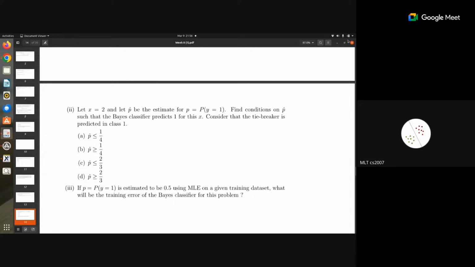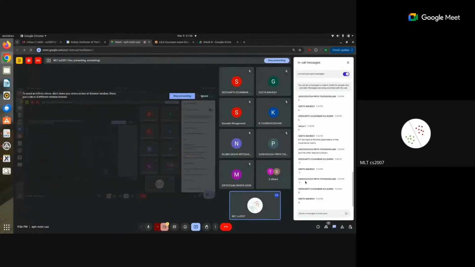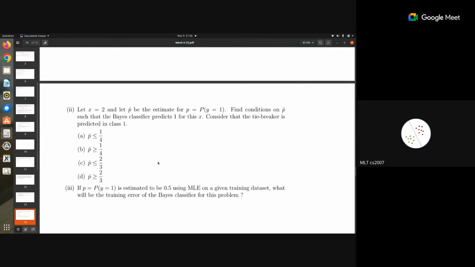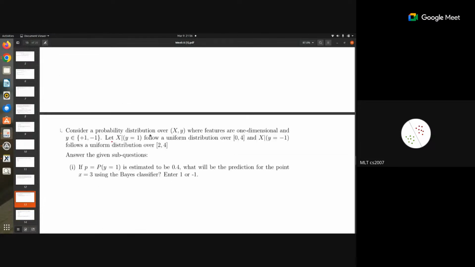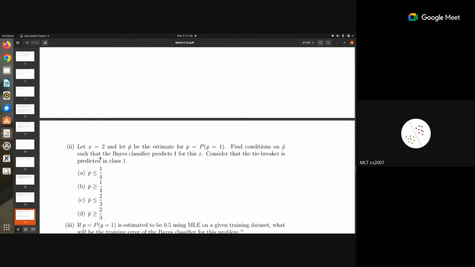Shall we see this? Okay, so let's see what the thinking here is. What is this p hat actually? P hat is for y equal to 1, right? So that means the class.